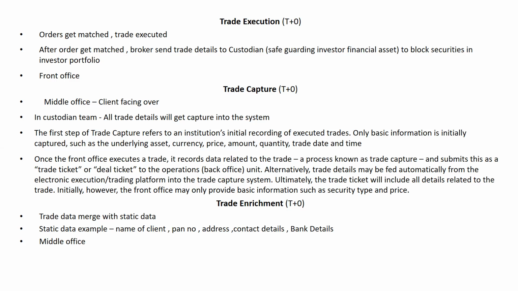For an institutional investor, somebody takes care of the portfolio of the client. So he blocks the securities in the investor's portfolio. This is also front office. So this is the trade execution part.